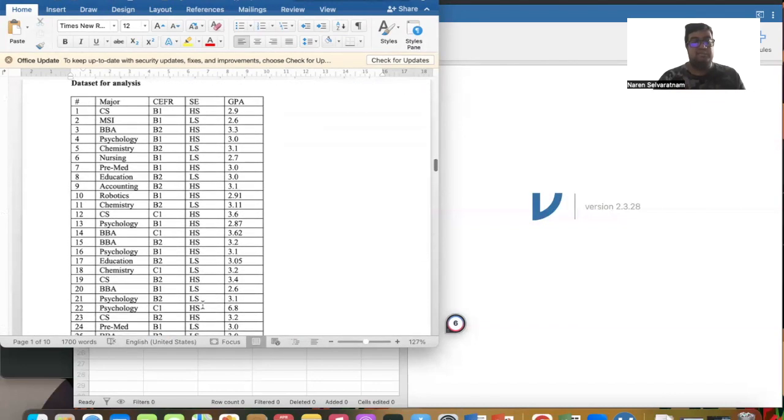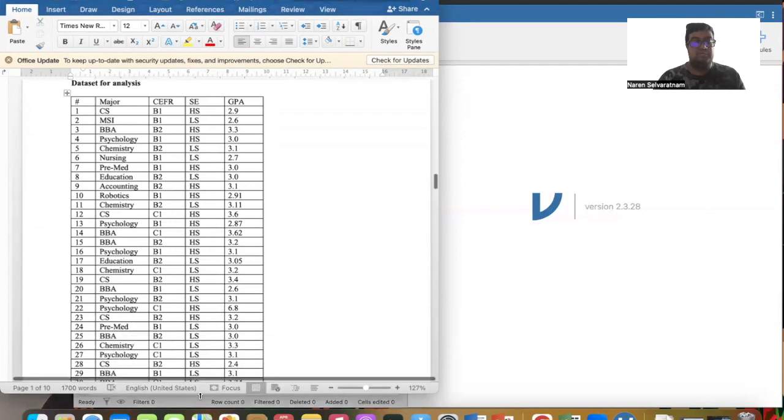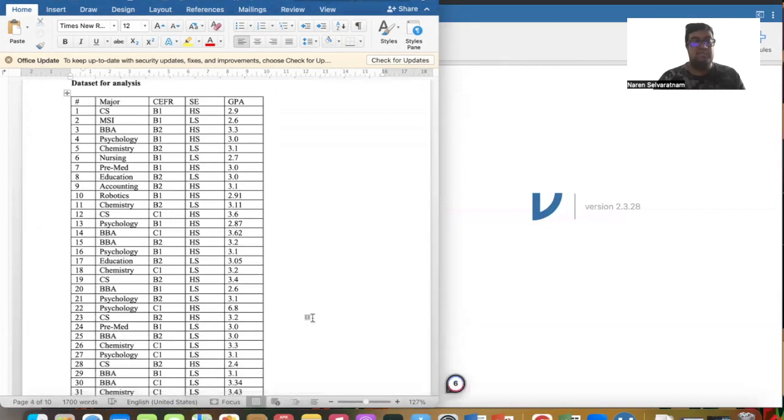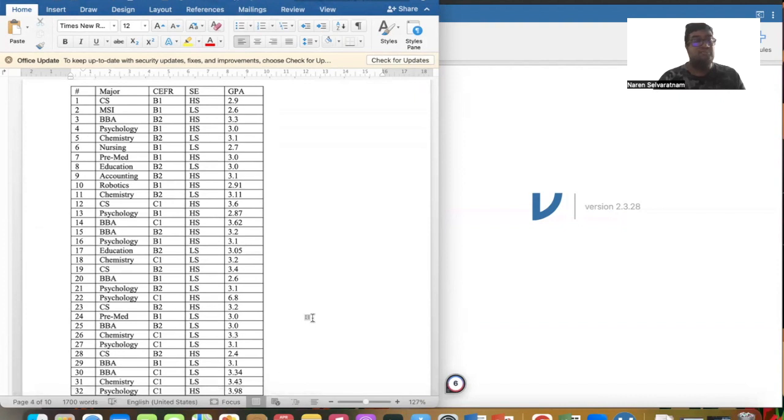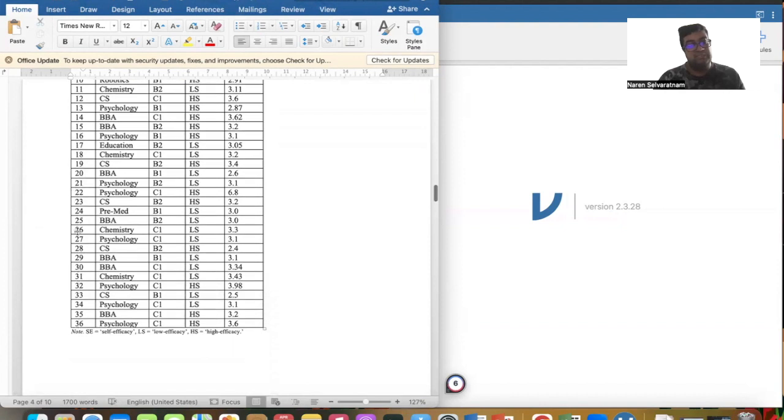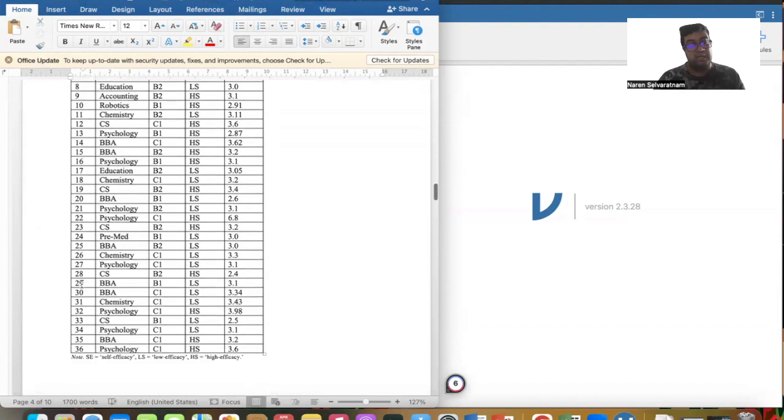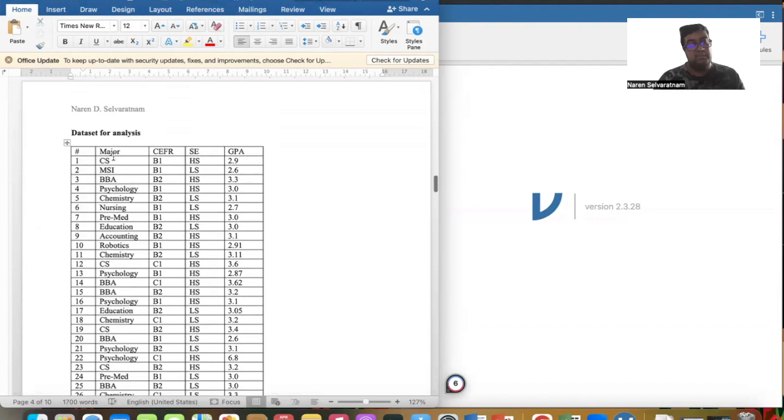This is our dataset. Once again, this is hypothetical or made-up data. I made this up. The first column is for the numbers. I have 36 individuals here. This is the degree that they have chosen. Here I have 10 degrees.